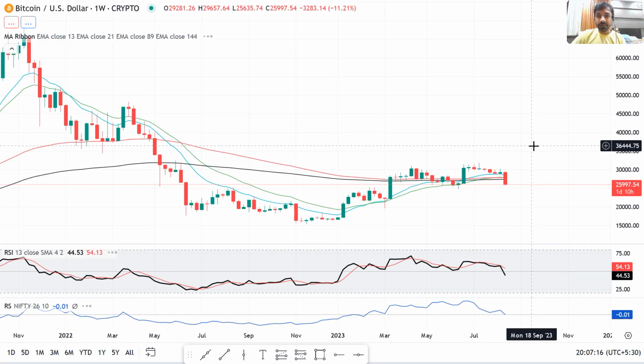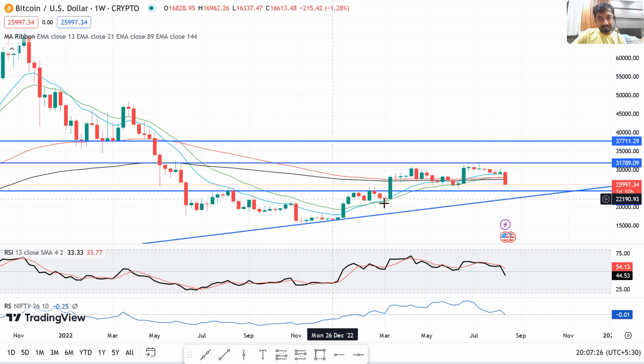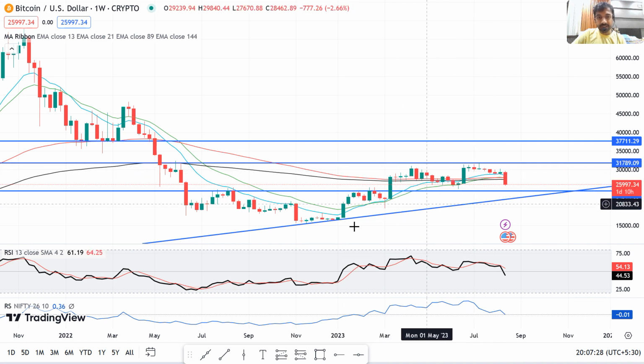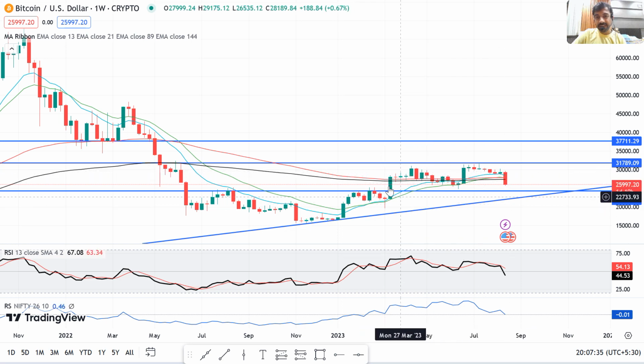Next, I've decided to add Bitcoin in our review every week. So in Bitcoin, if you see, the market did try to change the trend. These larger moving averages of 144 and 89 have turned flat.